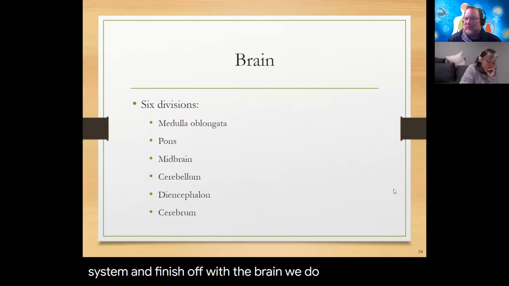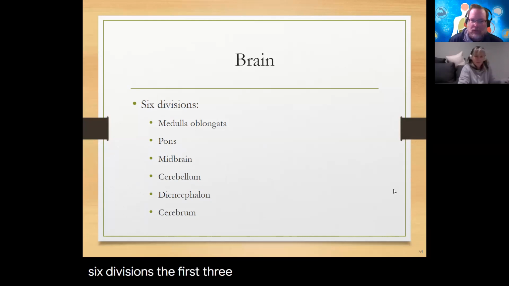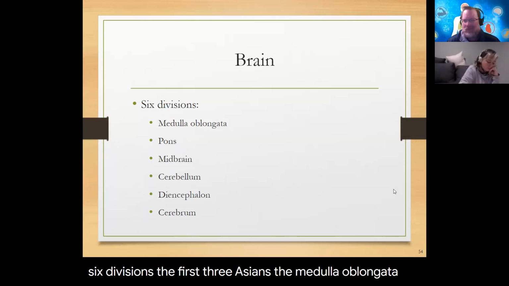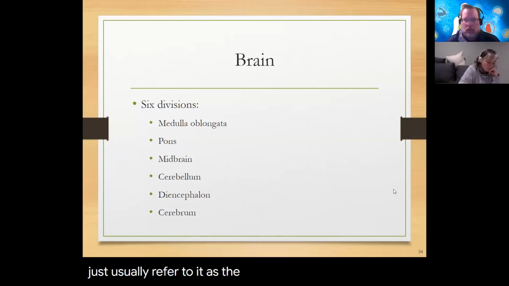We do break it up into 6 divisions. The first 3 divisions, the medulla oblongata, we just usually refer to it as the medulla when we're discussing the brain, then pons and midbrain.